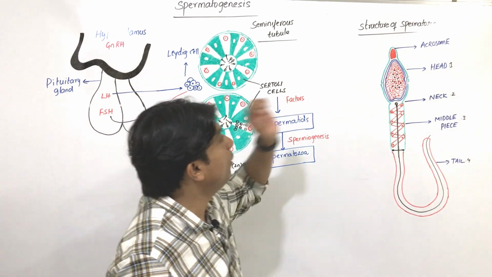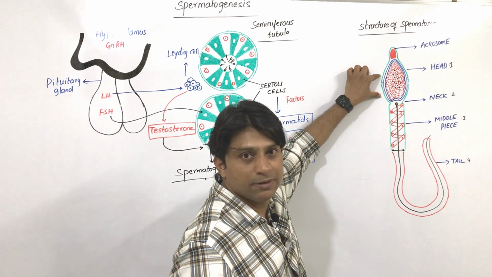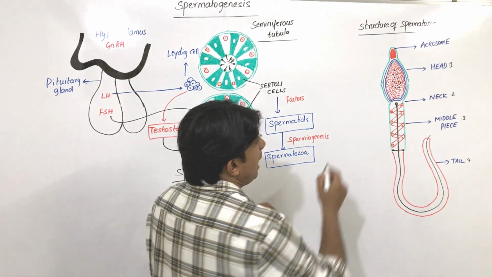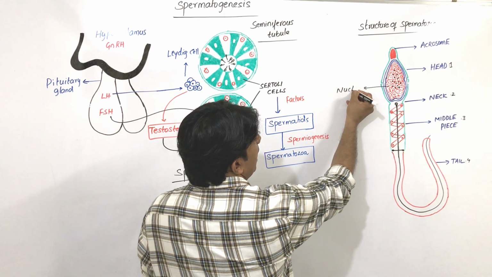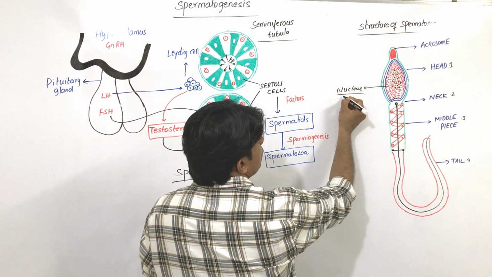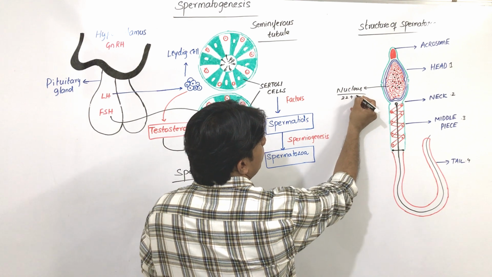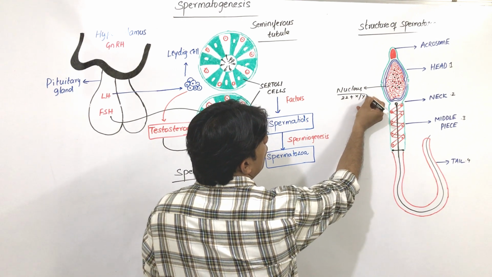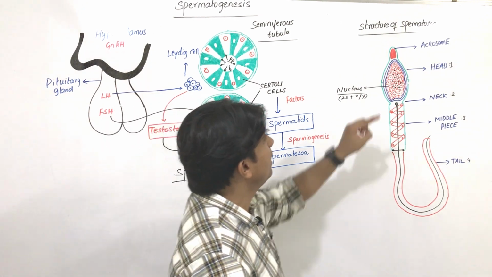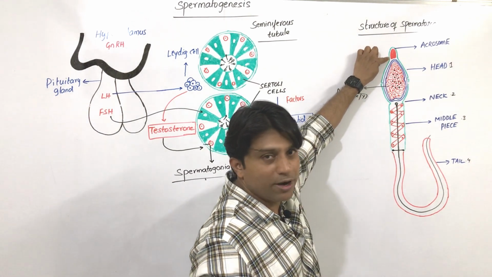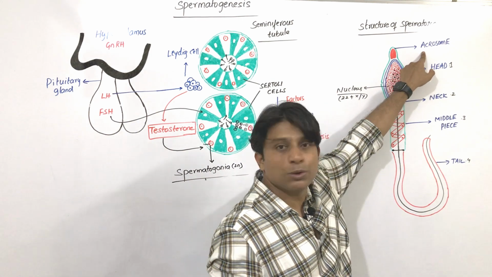Now the head is with a haploid nucleus, which has 22 autosomes plus 1 X or Y chromosome, and anteriorly the head has a projection or a cap which is called acrosome.